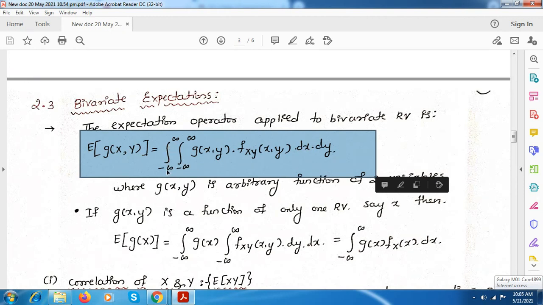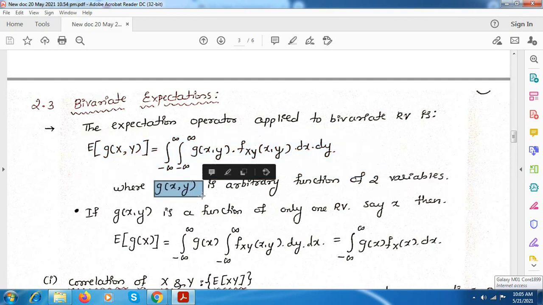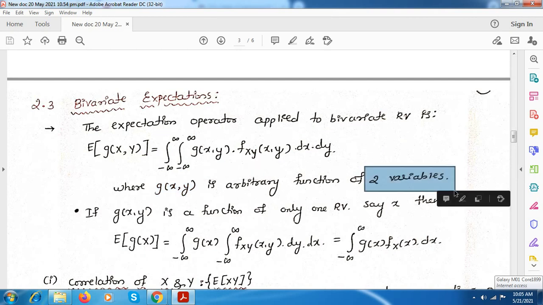Here also there will be a double integration from minus infinity to plus infinity, with g of x comma y and the joint PDF into dx into dy. Here g of x comma y is an arbitrary function of both the random variables.